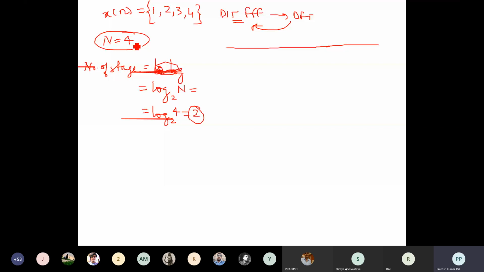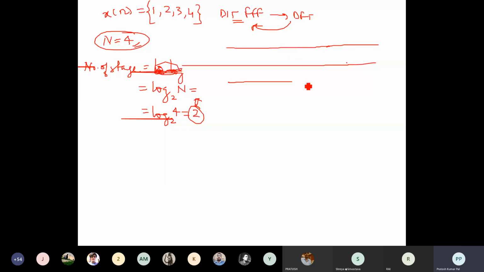So if N is equal to 4, we only require 2 stages. So for N equal to 4, the flow diagram that we draw will have only 2 stages.